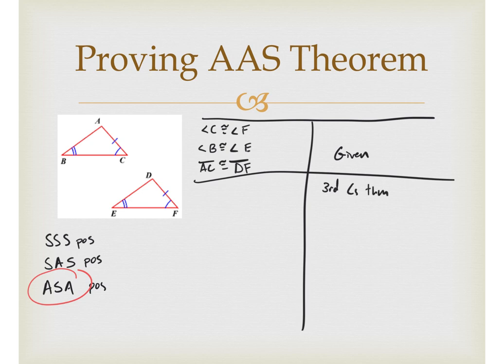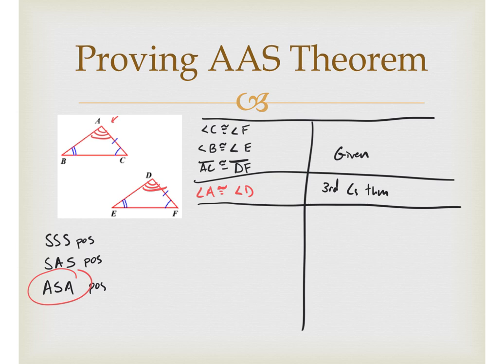So, as a reminder, the third angles theorem tells us that if two angles of one triangle are congruent to two angles of another triangle, then the third angles of those triangles have to be congruent to each other. They have to be. So that means that angle A is congruent to angle D. All right, so now I look at my picture and I need to use ASA because it's the only postulate I have, and now I have it.